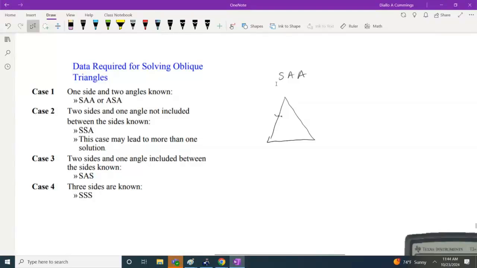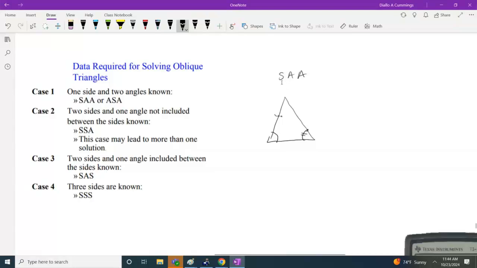You have a side length, you have an included angle, and then you have an angle measure. So this is my side, this is my included angle, and then this is the other angle.